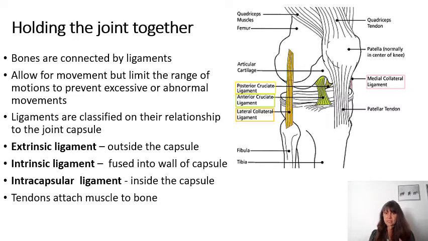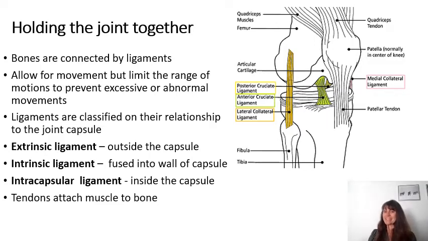Holding joints together in terms of synovial joints includes the articular capsule as well as ligaments. These ligaments allow for movement but also limit the range of motion that can occur to prevent excess or abnormal motion.